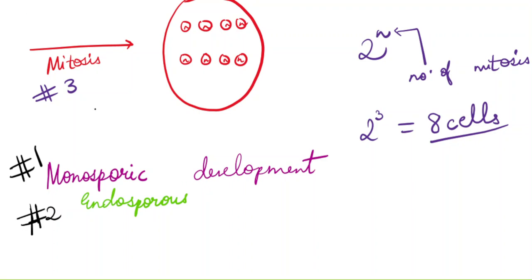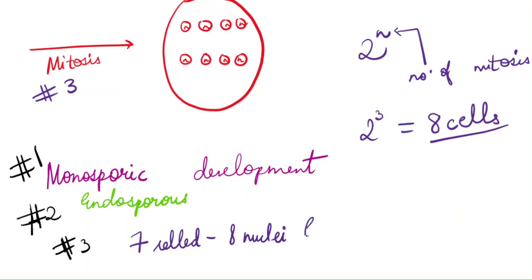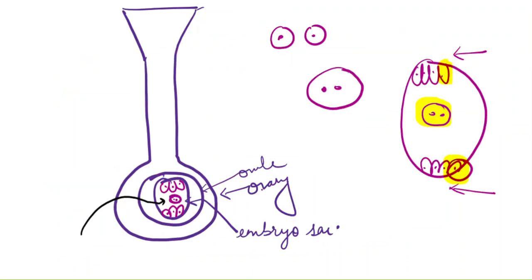And the last thing, which I already mentioned but I will write it here, the third point you should know is that the structure is a seven-celled, eight-nucleate embryo sac structure. And everything is concealed. What concealed means: inside the ovary you have the ovule, inside the ovule you have the embryo sac, so everything is covered. One thing is present inside another thing.